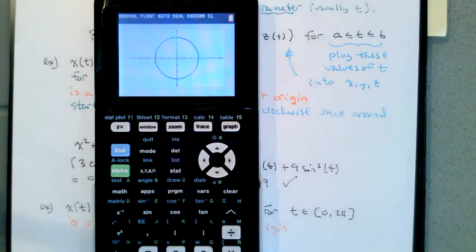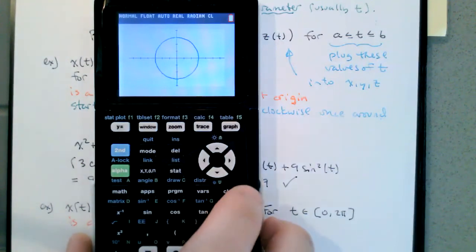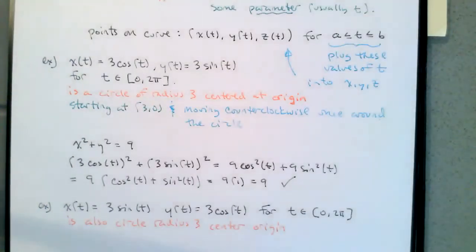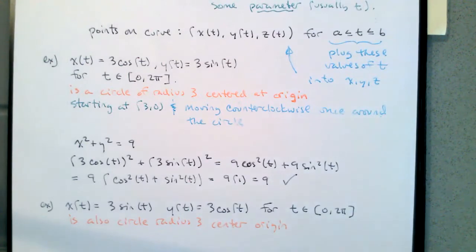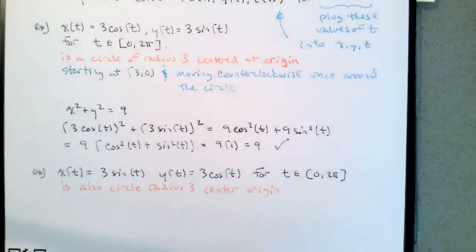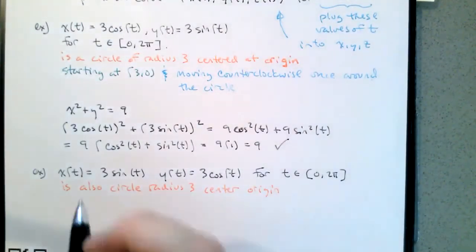So we still get the same circle, but it started somewhere else and it went in the opposite direction. So that's cool. It's a circle of radius 3, but instead of starting at 3, 0, this one started at 0, 3.